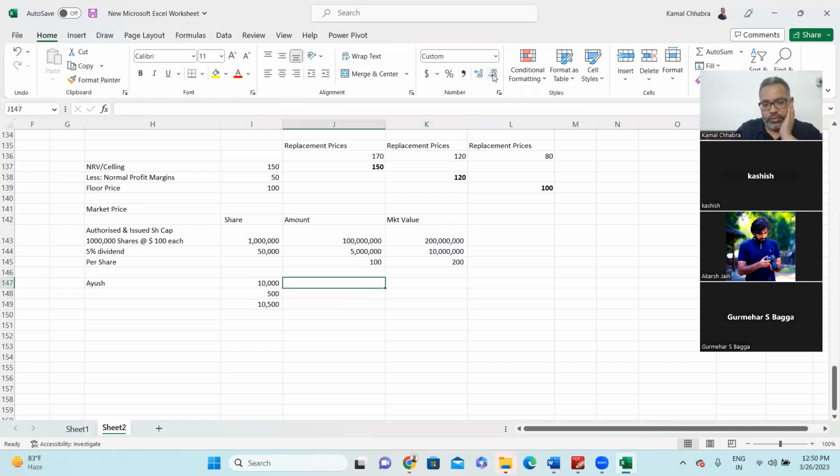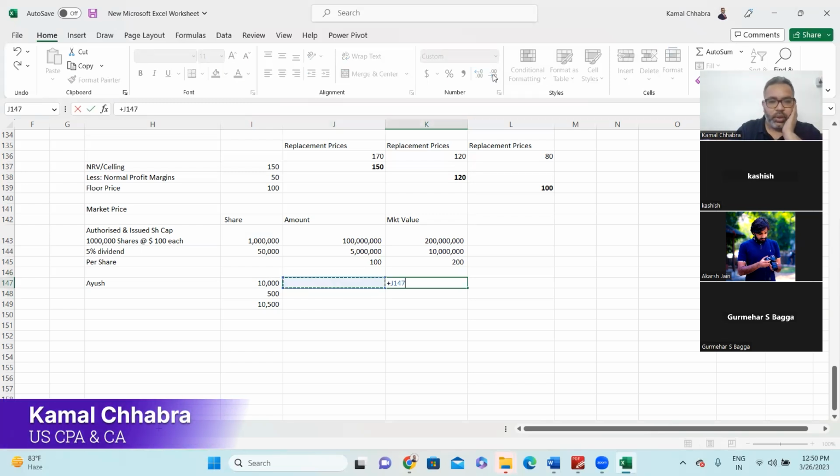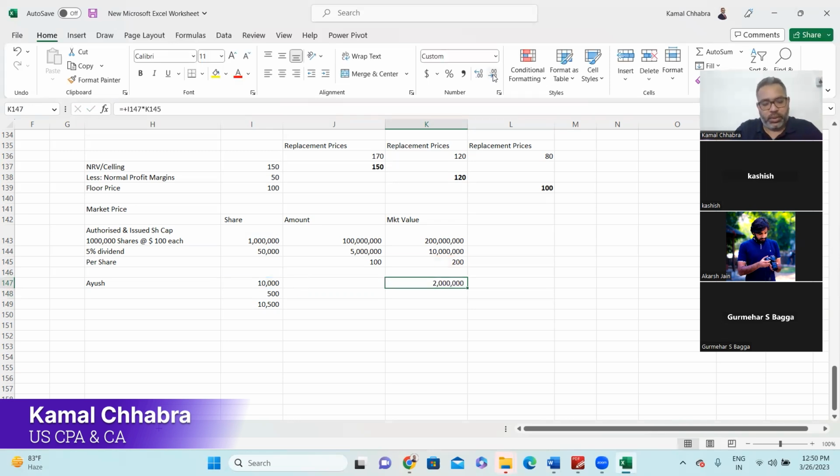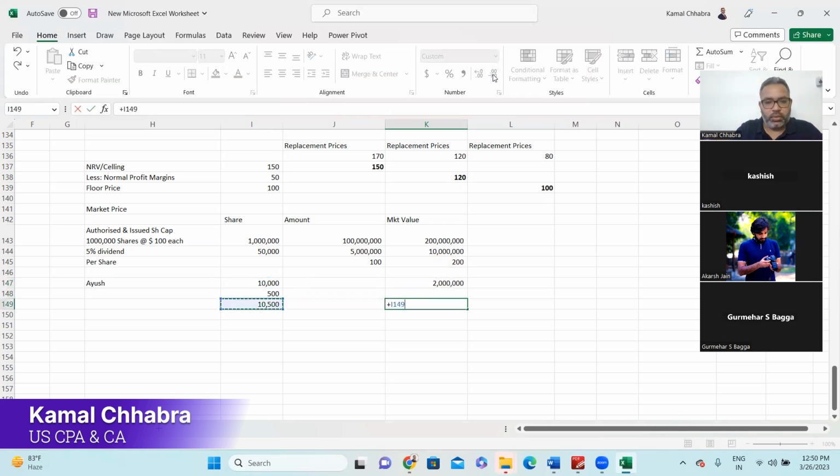Earlier the market value of Ayush's shares was this multiplied by this, and now the market value of his shares is this multiplied by this. So he'll be happy to have a stock dividend rather than a cash dividend.